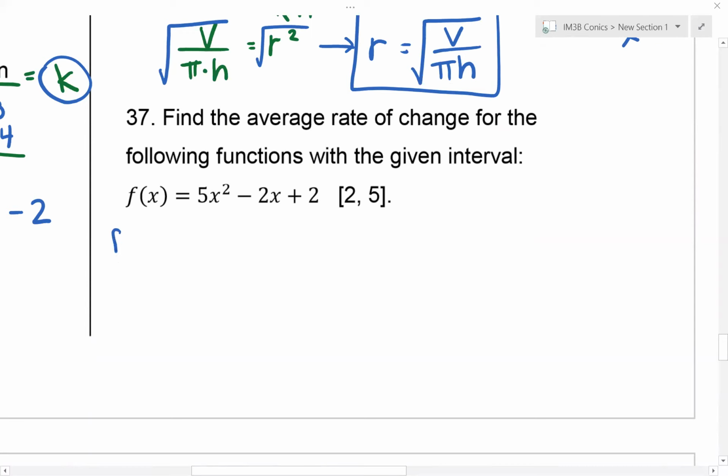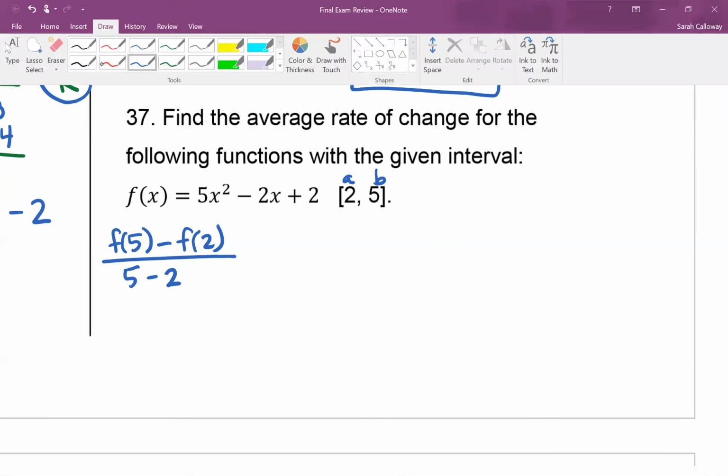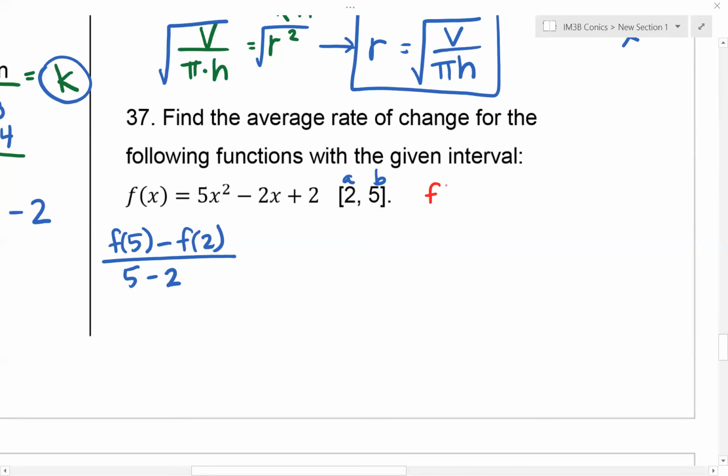So we're finding f of b. So b here is 5, minus f of a, where a is 2, over 5 minus 2. Okay. So let's calculate out f of 5 and f of 2. So f of 5 is going to be 5 times 5 squared minus 2 times 5 plus 2.